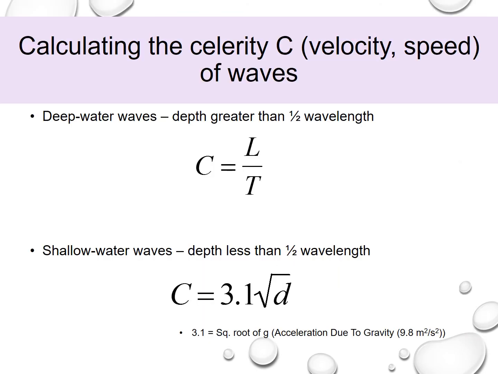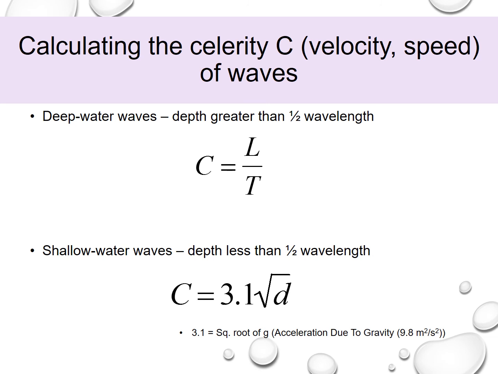Let's do a little bit of math. Let's calculate the velocity of a wave. So instead of using the v for the velocity, we're using the term c for celerity because waves don't have a mass. So for deep water waves, we can calculate the celerity by taking L, the wavelength, dividing it by time.